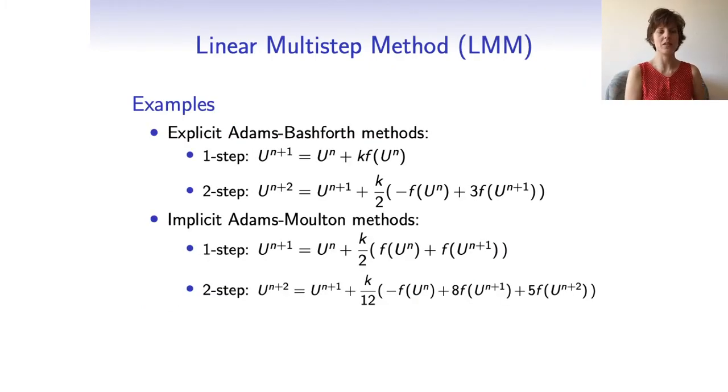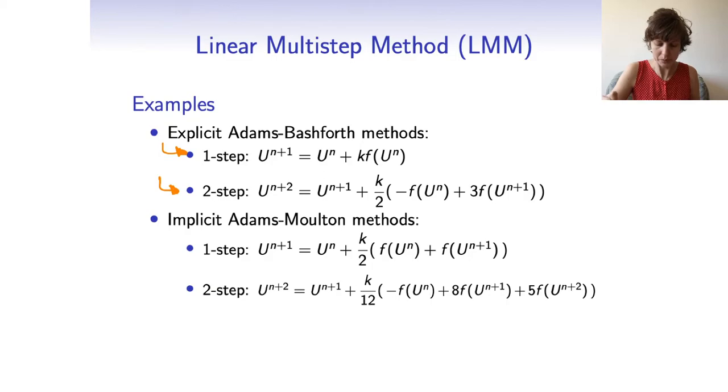So let's see some examples. The explicit Adams-Bashforth methods. The first one, the one-step method, as you can see, is the forward Euler method. And for the two-step, we have this other method here.